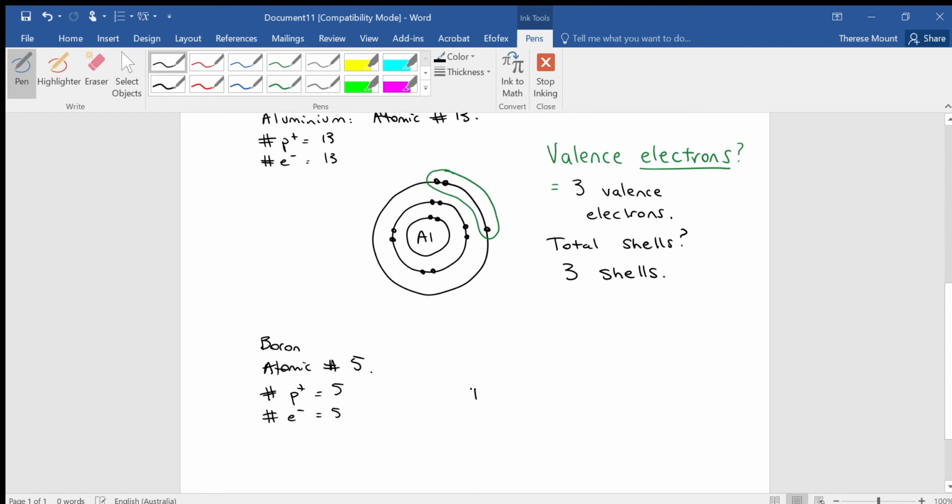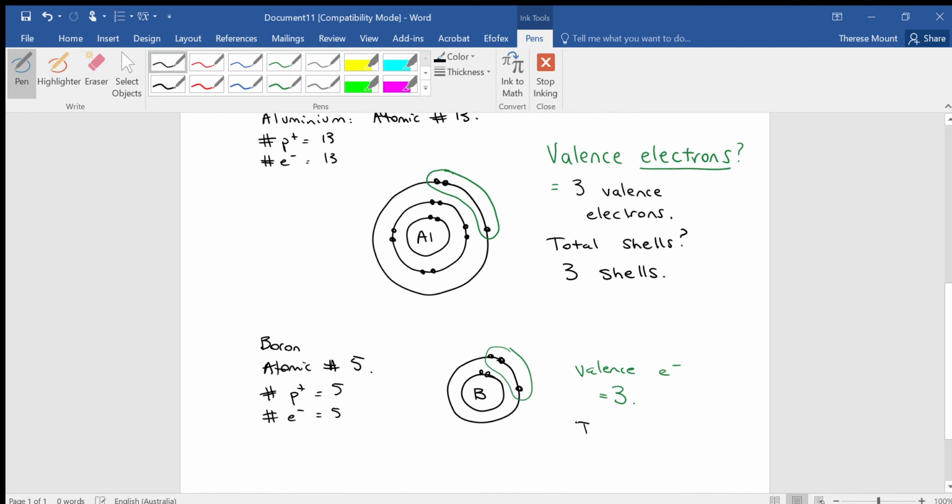So let's draw it. Boron, symbol is B. It has 5 electrons in total, so 1, 2. Still got a few more to find their home. 1, 2, 3, 4, 5. And that's it. Alright, so how many valence electrons does boron have? It has 3.